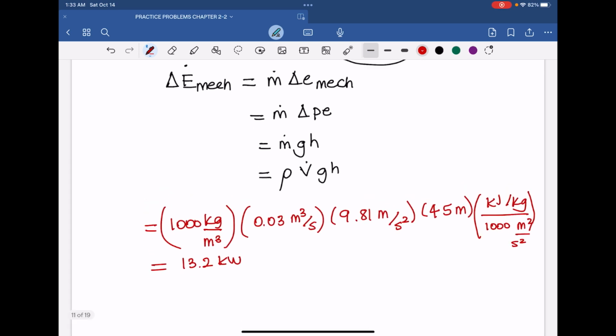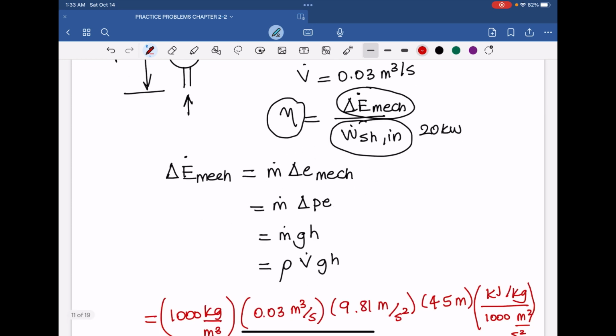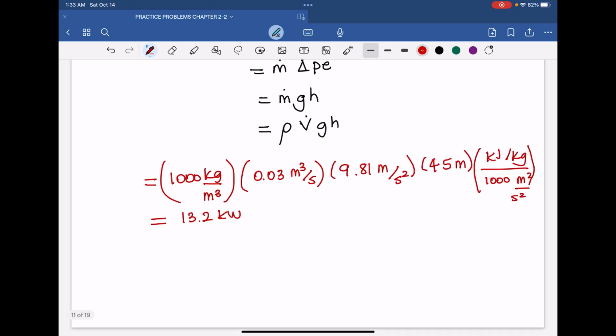So basically, the shaft work is 20 kilowatts, but the mechanical energy change is 13.2. So there is some loss there. And how much? So this is the power lost due to friction.